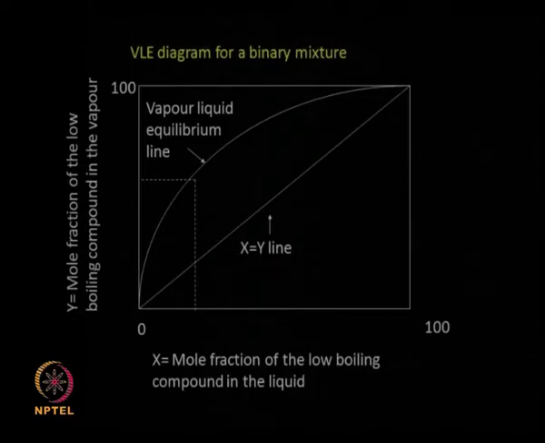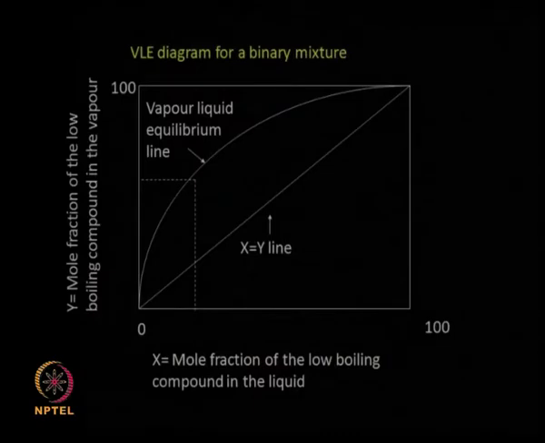So ideally, if I boil a binary mixture, I would like to have more of the low boiler in the vapor phase and less of the low boiler in the liquid phase, so that I can condense the vapor, which will have more of the low boiler. Whereas if the concentration of the component is equal in both the phases, then I am not achieving the separation.